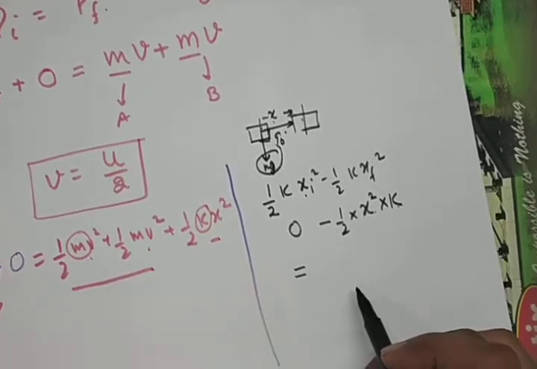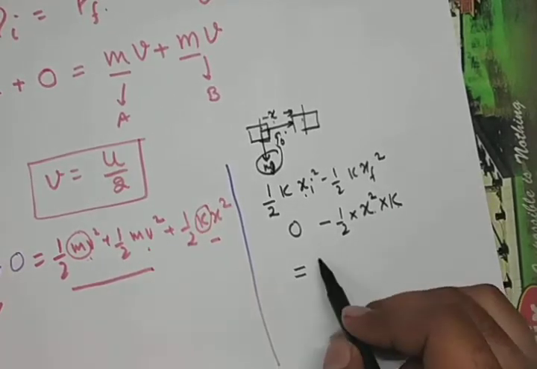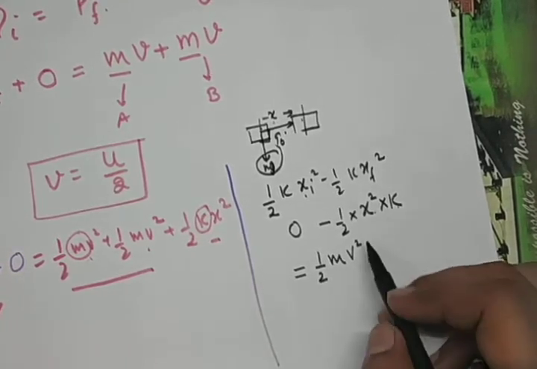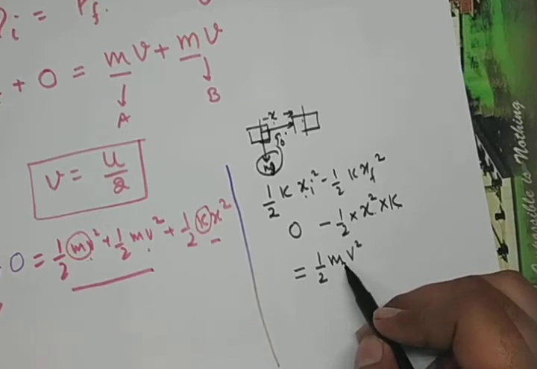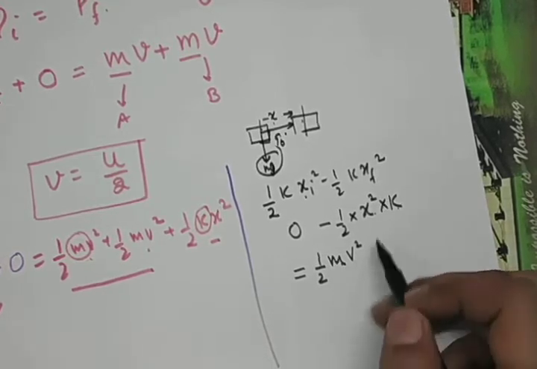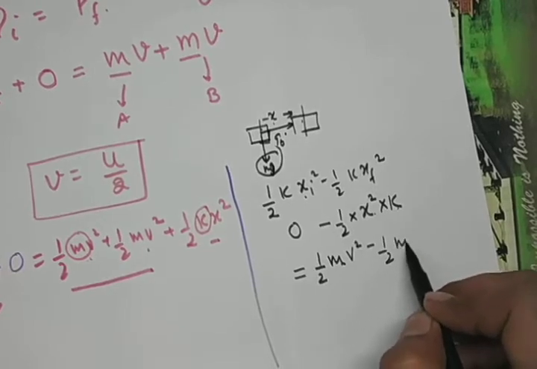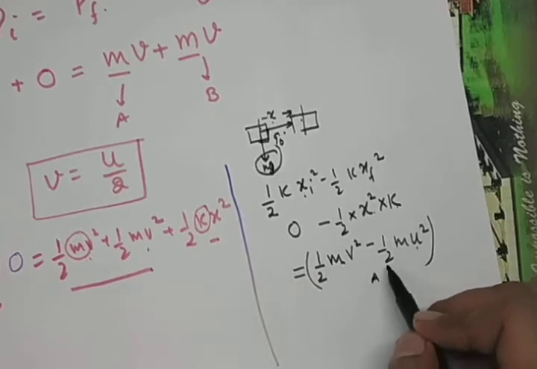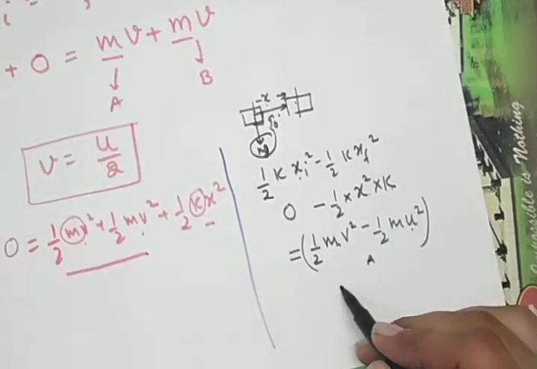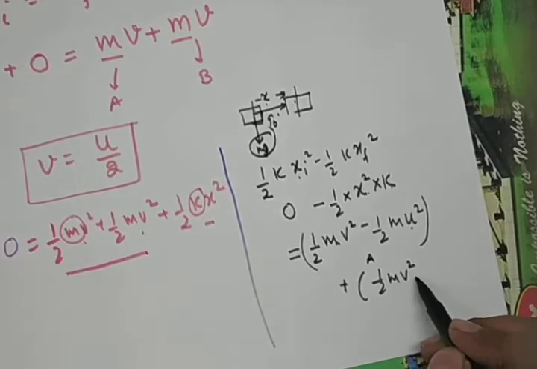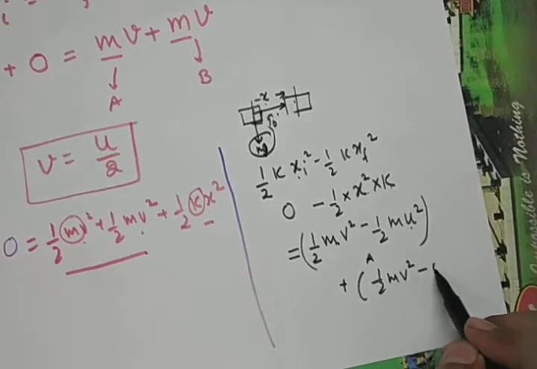What is the change in kinetic energy? Final kinetic energy of the two wagons, both moving with velocity v, is half mv square. This is for block A, which initially is moving with velocity u, so this is the change in kinetic energy for A. For block B, the change in kinetic energy will be half mv square, as wagon B is initially at rest.